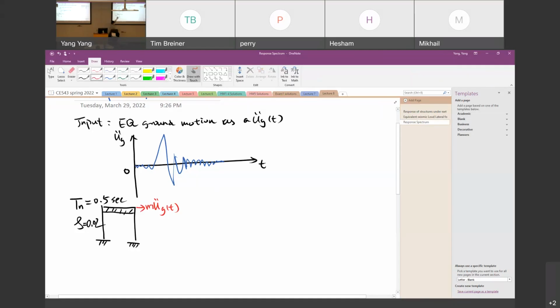Under this earthquake, the equivalent force can be expressed as minus m times u_g double prime. Using the numerical methods discussed in this class, we should be able to calculate the displacement of the mass and plot that.